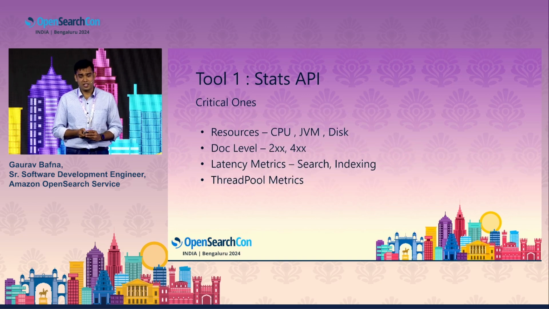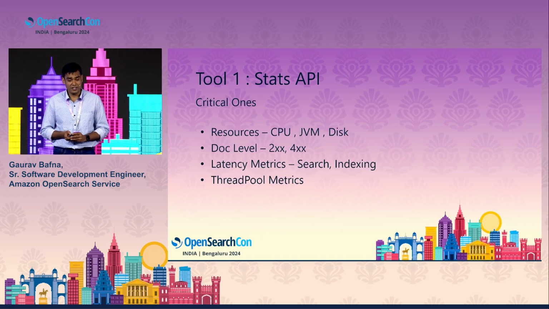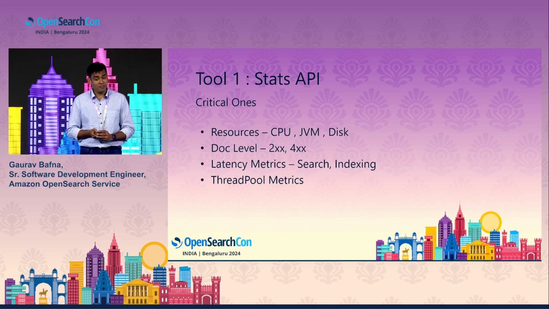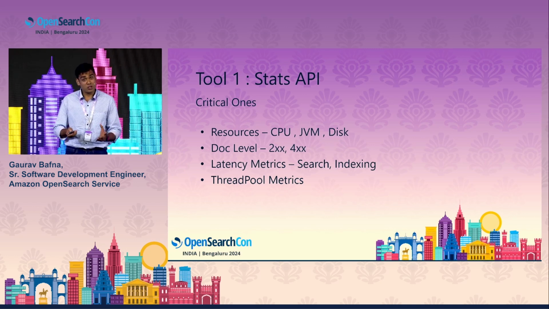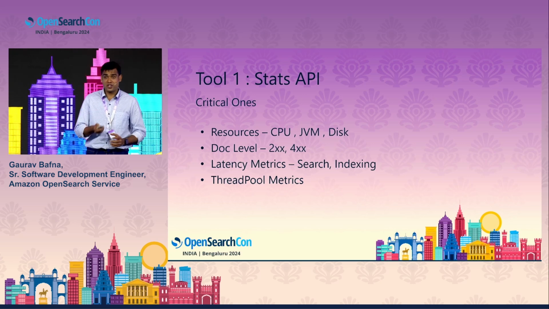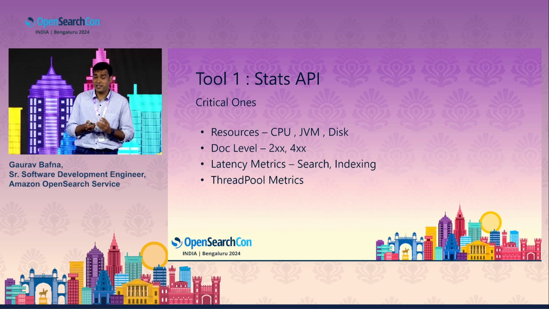Let me talk about the critical stats, which are our first level of defense. The most critical ones would be the resource level ones, namely CPU, JVM, and disk. In the previous problem, we saw that the CPU was becoming a bottleneck, resulting in a search latency spike, right? Similarly for the JVM, what happens if your garbage collection is happening very frequently and still not able to free up the memory, right?